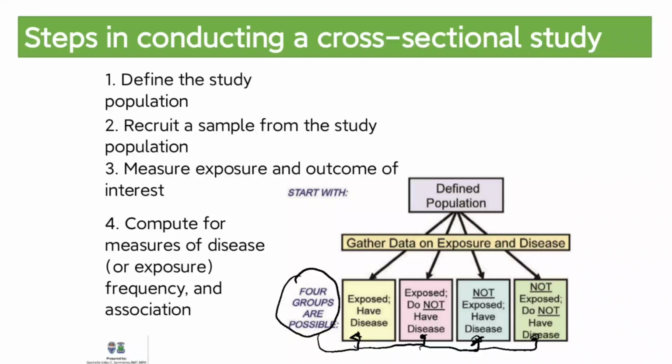And then lastly, number 4, compute for measures of disease or exposure, disease frequency, and association. So basically, yan yung main calculation na gagawin natin later on. So that is your prevalence, no? Prevalence proportion, difference, etc.